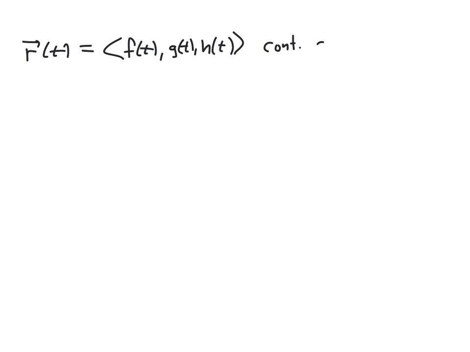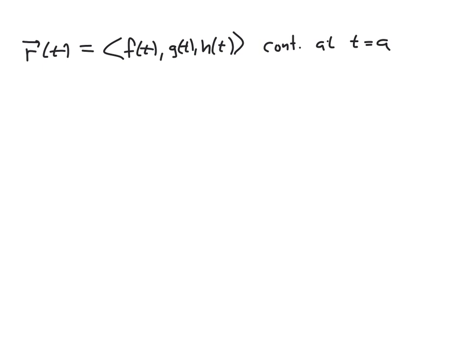Now, combining these few things that we know about limits and continuity, we can come up with a really quick way of determining when and where vector functions are continuous. All right, so let's say we have this vector function r of t with component functions f, g, and h, which is continuous at some value, let's say at t equals a.